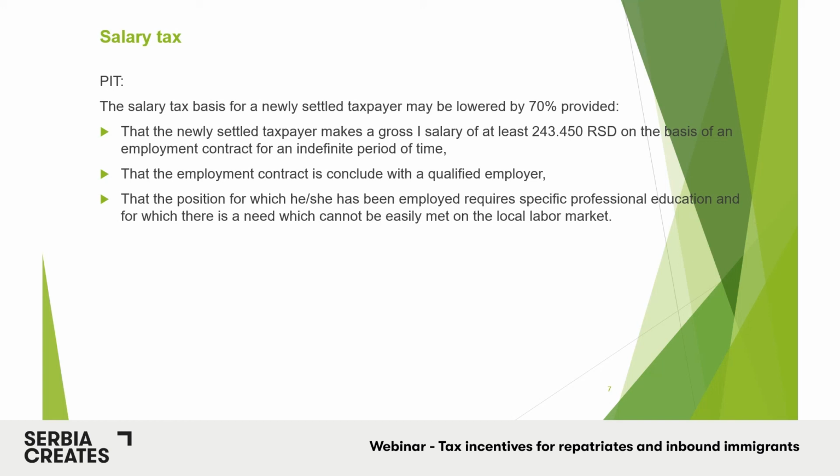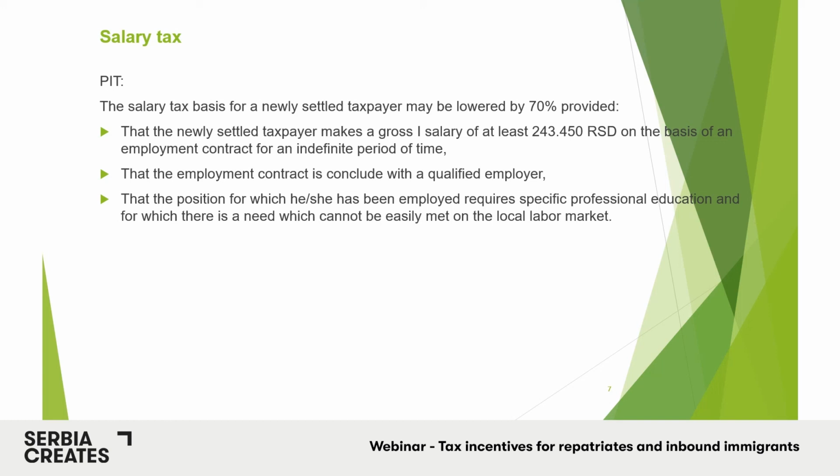So in our law, if the gross salary, which is contracted with the employee for an indefinite period of time, is at least 243,450 dinars, the level of salary in itself shows that you have met this condition, that the person has been employed in a position which requires specific professional education for which there is a need which cannot be easily met on the local labor market.